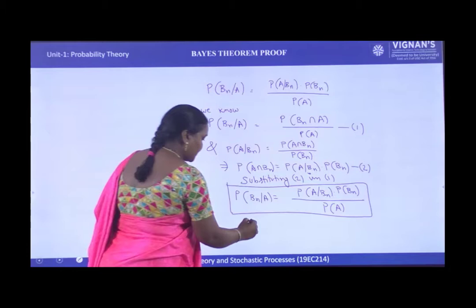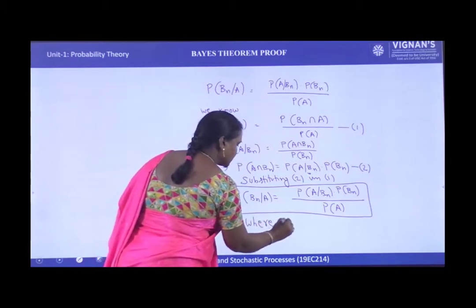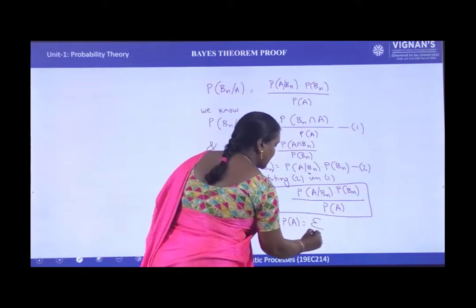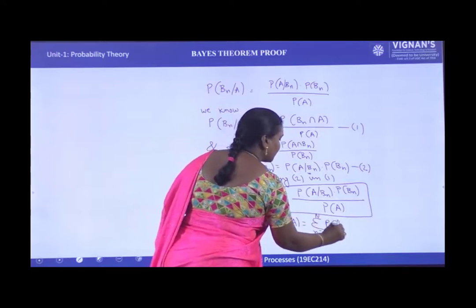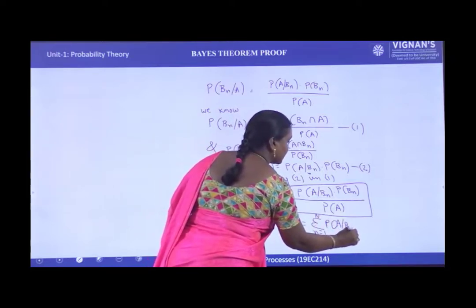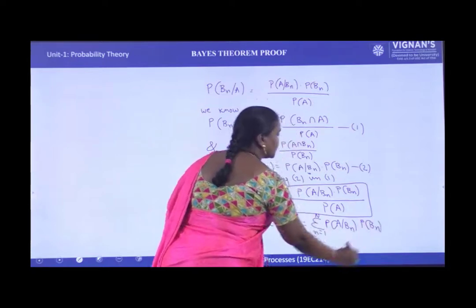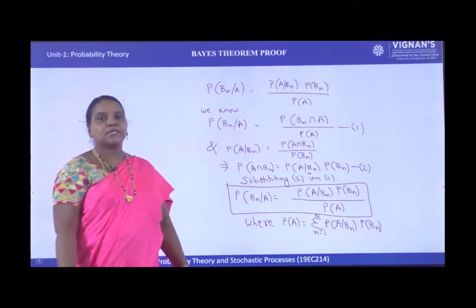So P of A is sigma n equal to 1 to n of P of A by Bn into P of Bn. So this is how to prove the Bayes theorem.